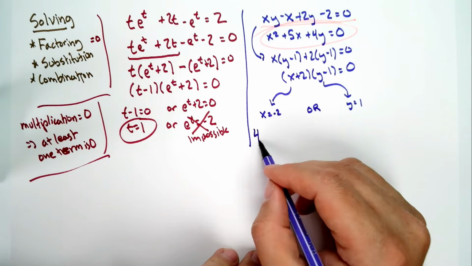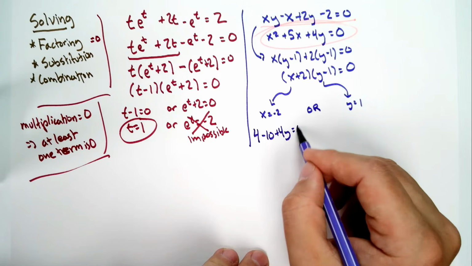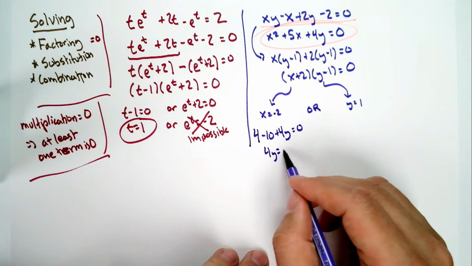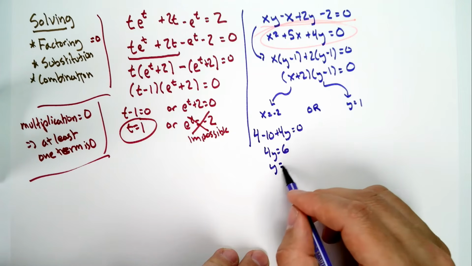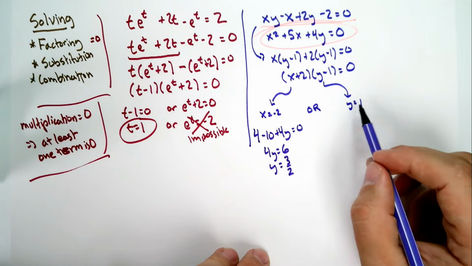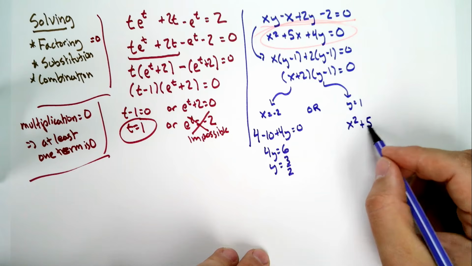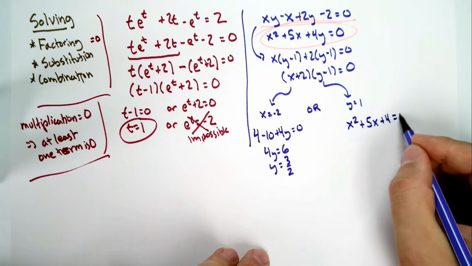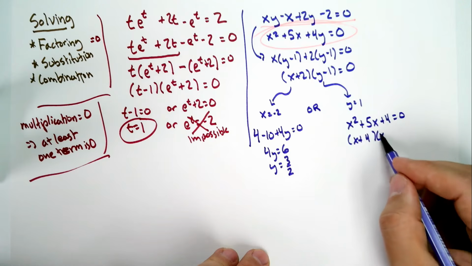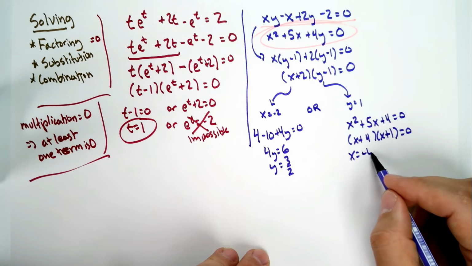That would give us 4 minus 10 plus 4y equals 0, which becomes 4y equals 6, or y equals 3 halves. The other option is we plug in y equals 1. That would give us x squared plus 5x plus 4 equals 0, which becomes x plus 4 times x plus 1, because we can factor, which tells us that x equals negative 4.